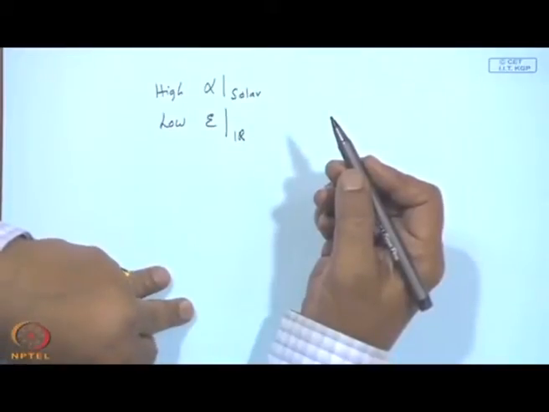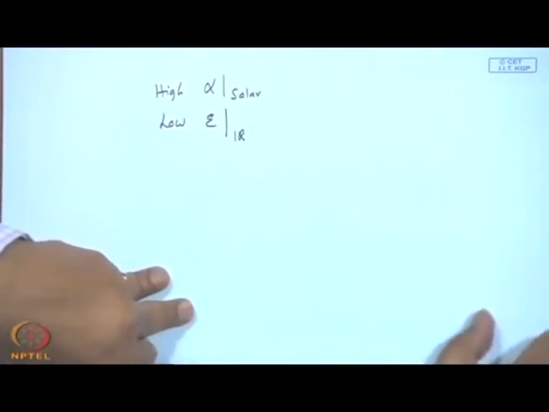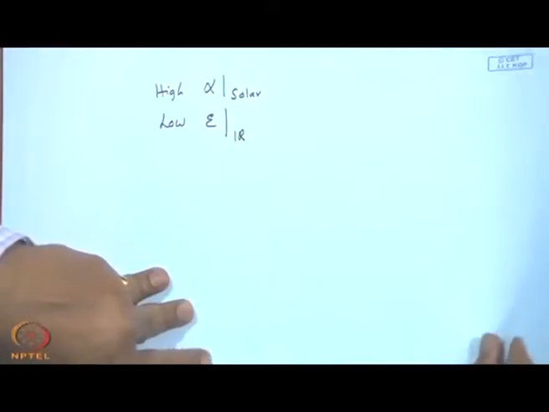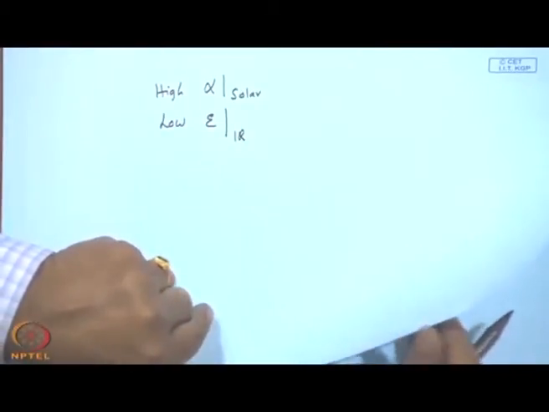However, we will not go into the detail right now of how to increase alpha and how to decrease epsilon, but in principle we need to have a high absorptivity surface. Then reduce the heat transfer losses due to conduction and radiation.